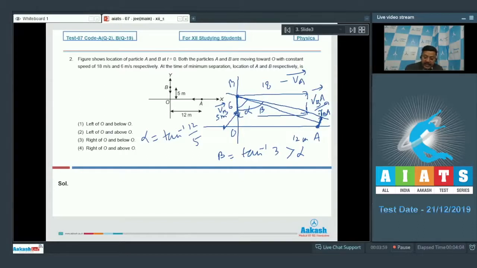And the fact that position of B with respect to A is tilted towards right with respect to line OB is satisfied as per this situation only. So our answer to the question will be option 2, which says left of O and above O. That means position of A at the time of minimum separation is to the left of O, and position of B at that time is above O. So option 2 is correct. Let's now go on to the next question.